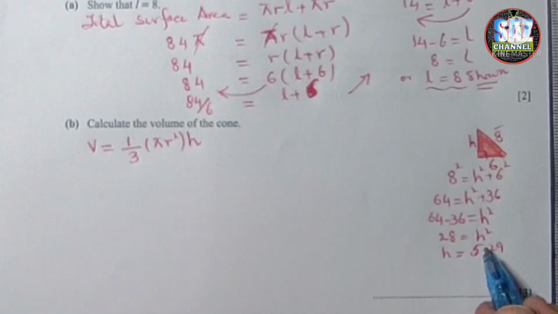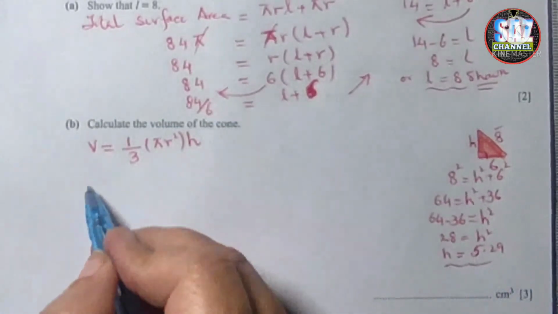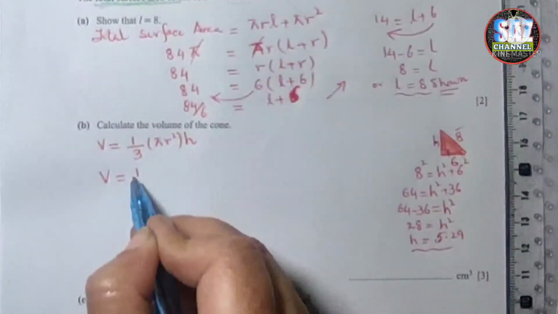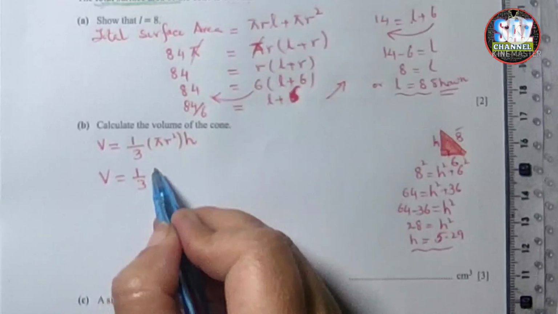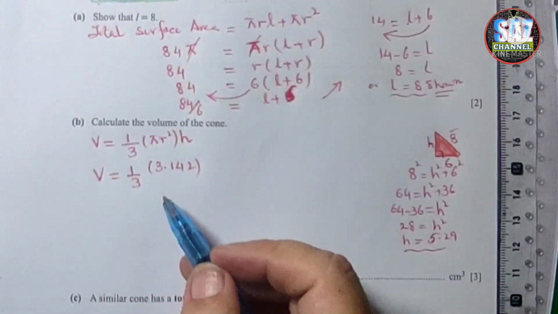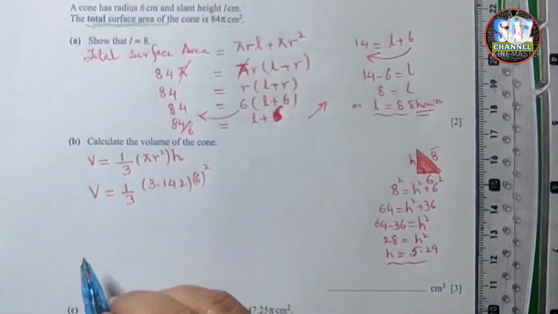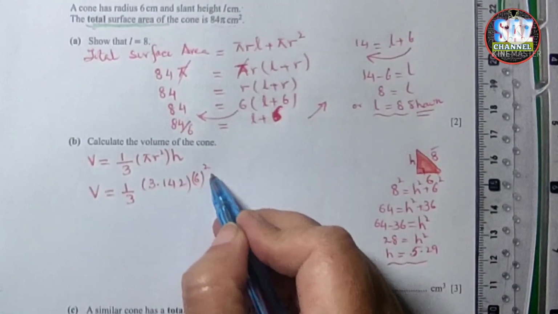5.29. Okay, fine. Then what we have to do is that volume equals 1 by 3 into pi, 3.142, and the radius is 6 square, and 5.29, which is the height.